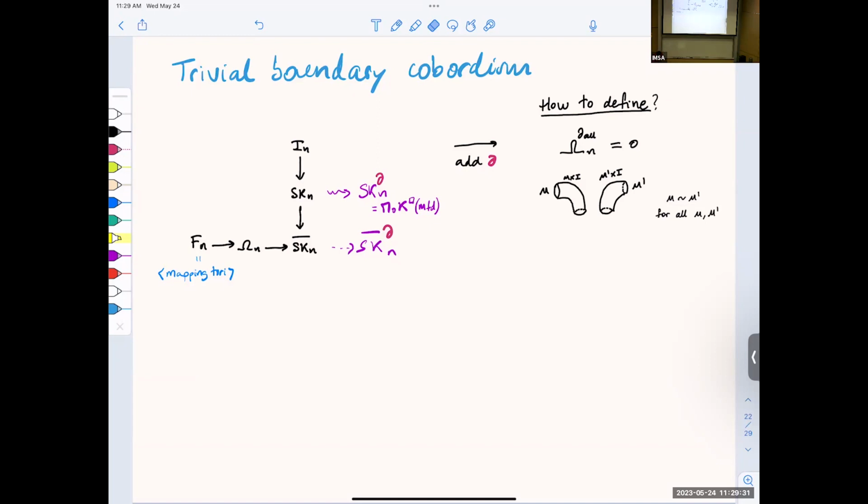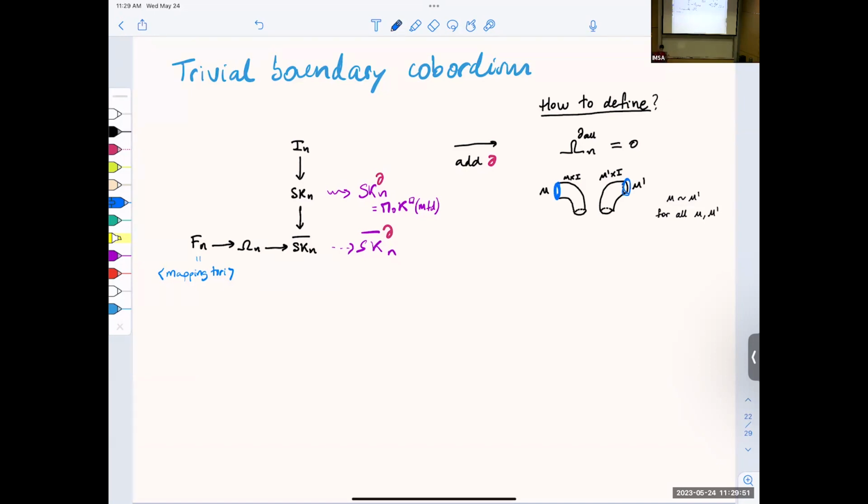Well, in general, if you have manifolds with boundary, and you try to construct a cobordism between them, and you allow any boundaries whatsoever, suppose you're trying to do a cobordism between this manifold M and this manifold M prime.